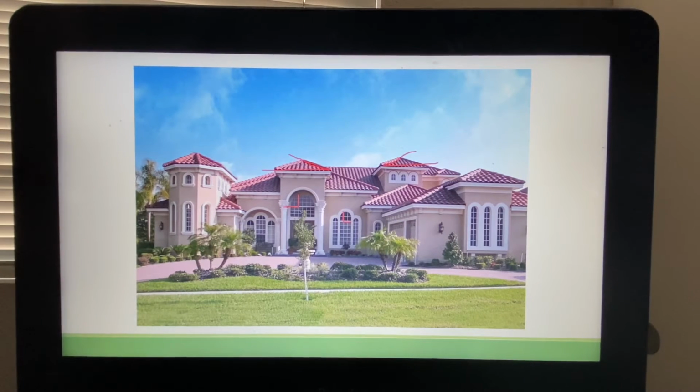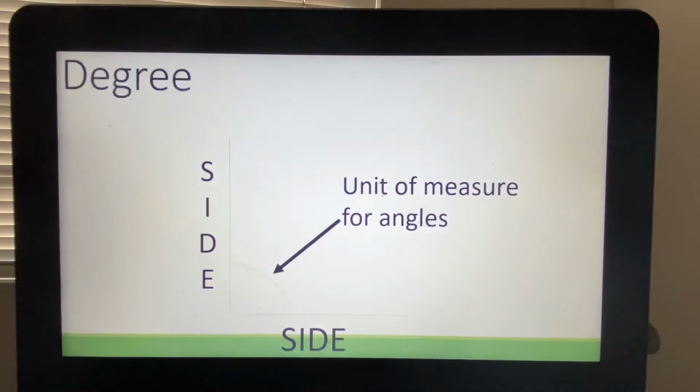Now you notice that there are some angles that look different from one another. We'll get to that in a second, but what we will be measuring with our protractors is the degree. The degree is the unit of measure for an angle. So you've all heard of inches, centimeters, meters, units of measure.